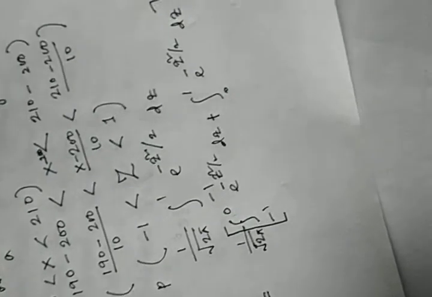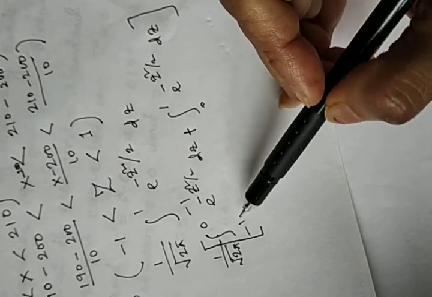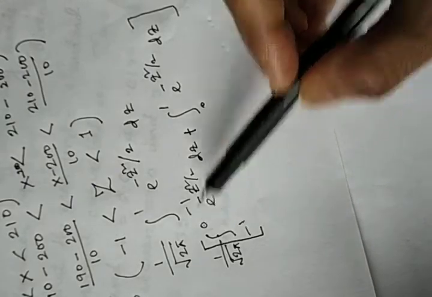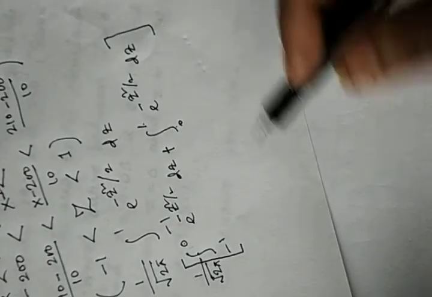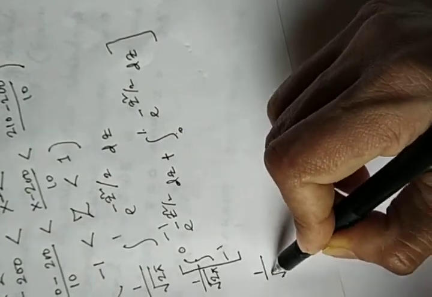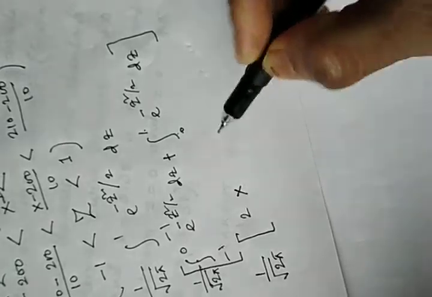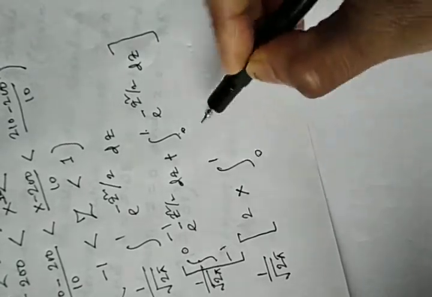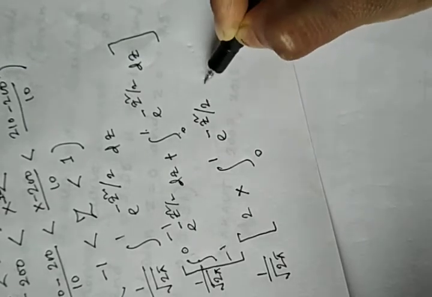By the integral properties, both the results are same, so we can write it as 1 by root over 2 pi, 2 into integral 0 to 1 of e power minus z square by 2 dz.